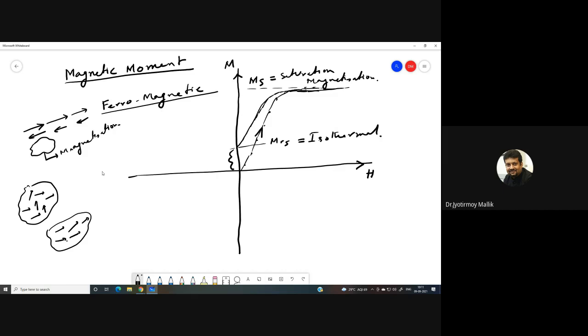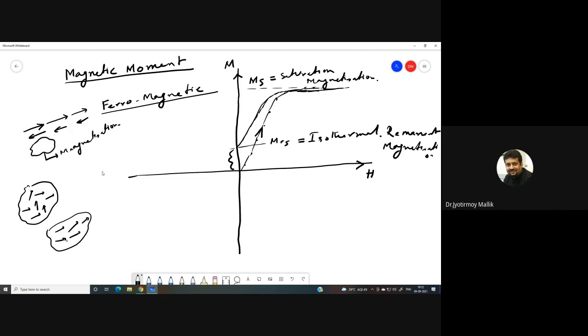Why is it called isothermal? Simply because this whole experiment is done at a single temperature, and generally that is room temperature. So the temperature is not changed. The ambient temperature of the experiment remains the same throughout the experiment. Hence, it is isothermal remanent magnetization.